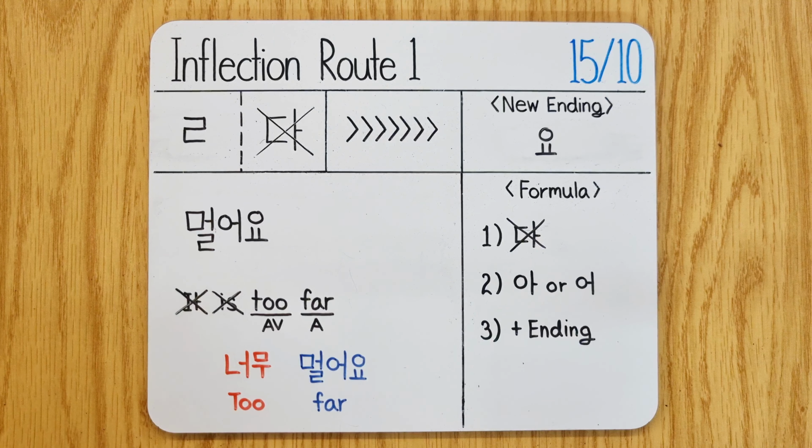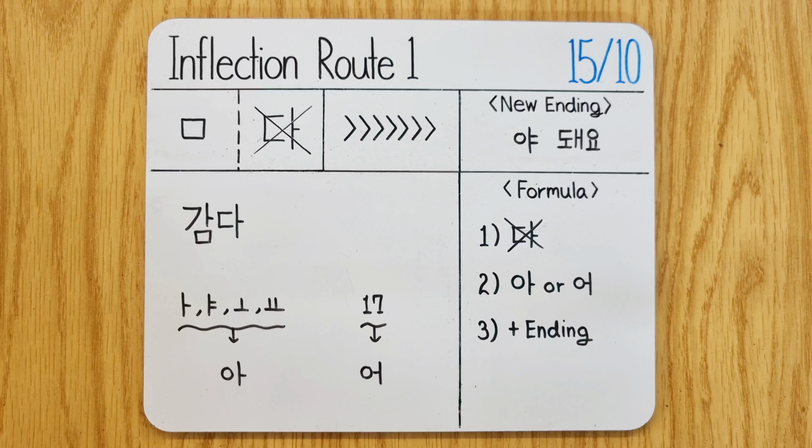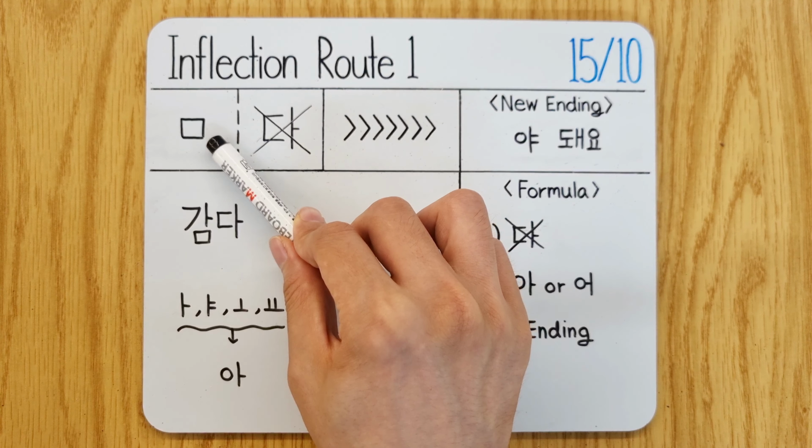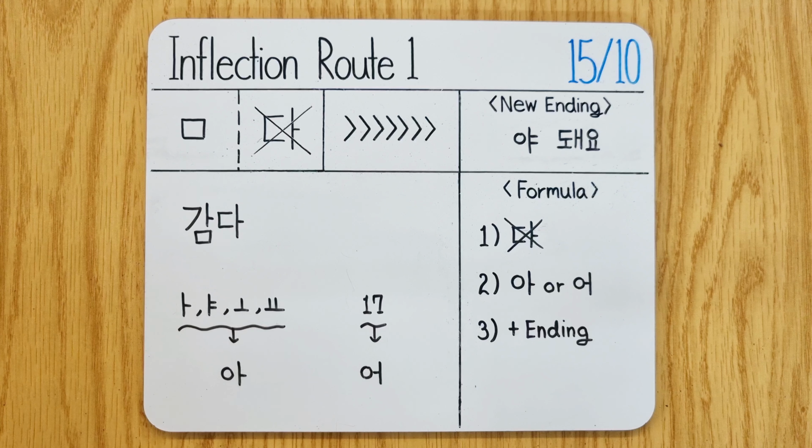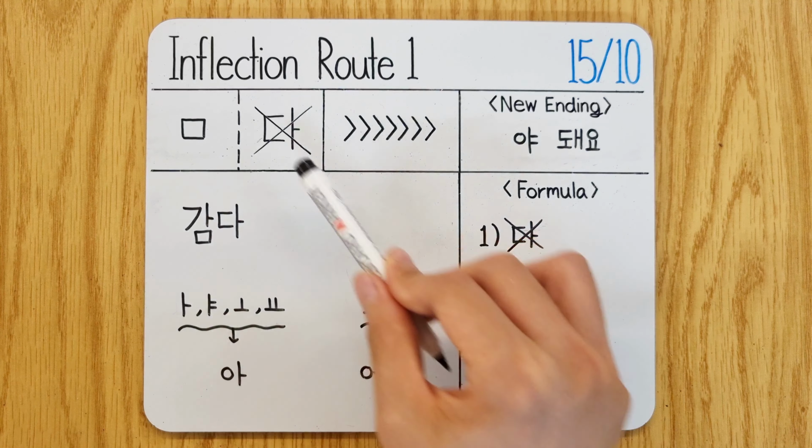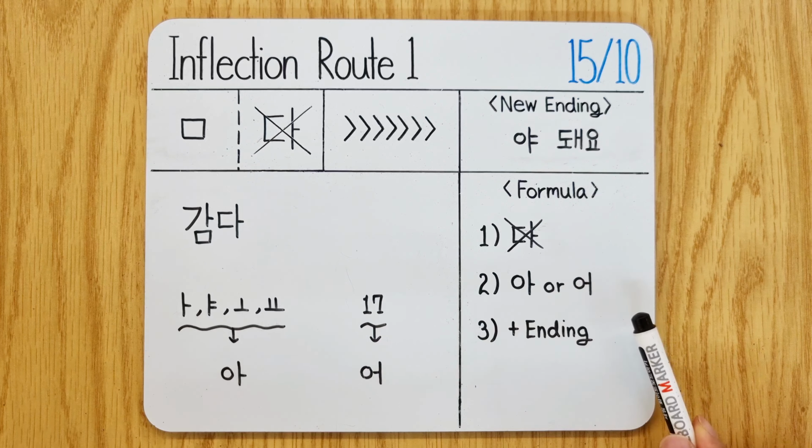Now, let's go to the next situation within inflection route number 1, which is when a display form ends with the M consonant once ta is removed. In this case, you will once again go to the familiar 3-step formula.